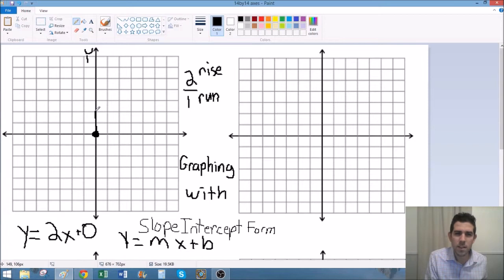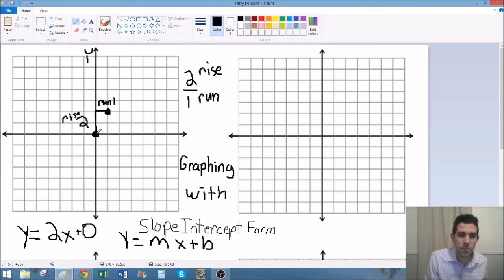Which direction should we run? We will run the same direction that we read the graph, from left to right. We'll run 1. And right there where we land is where our new plot will be. So you see we have a rise of 2 here and a run of 1 here. Rise 2, run 1.